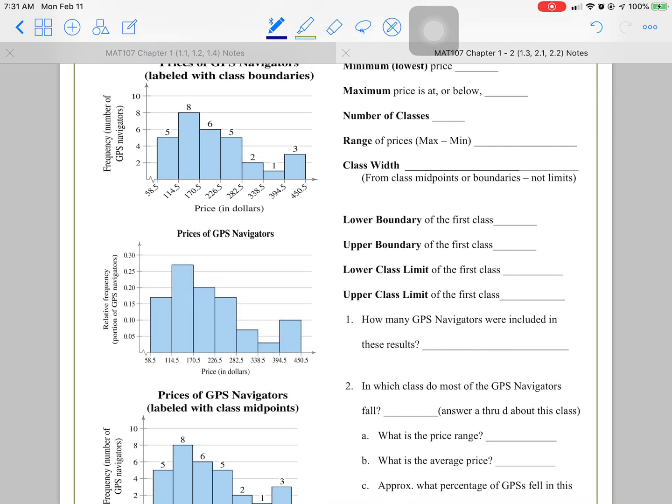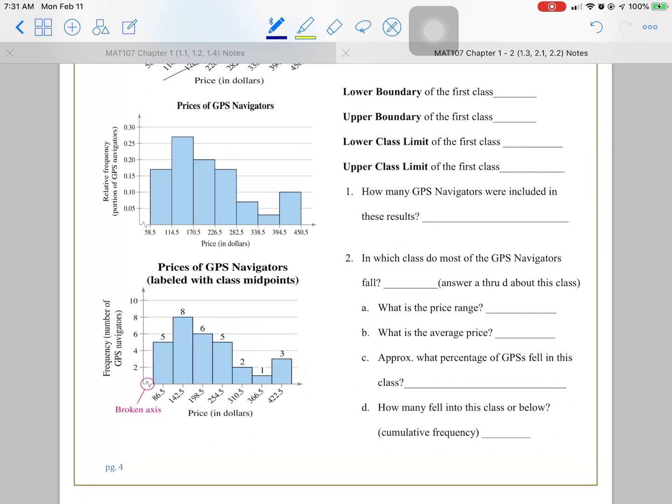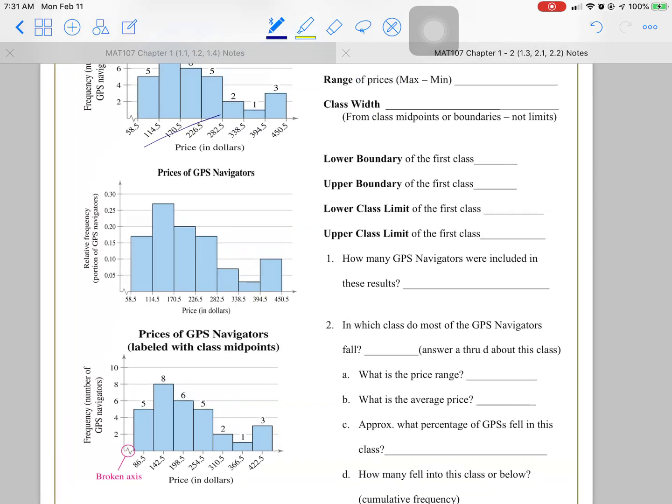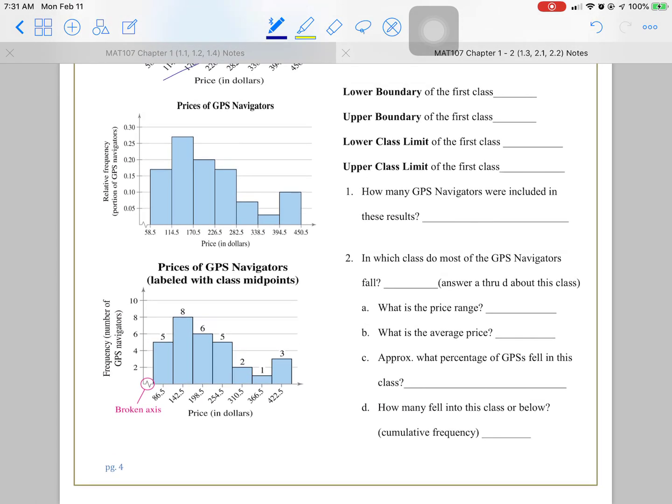Notice that the scale on the first one is 0 to 10. The scale on the second one is 0 to 30%. So they're just using the relative frequency versus the frequency, but it's still on the y-axis. The last one is 0 to 10, so it's a regular frequency, but the difference is the top one is using boundaries on its x-axis, and the bottom one is using midpoints on its x-axis.